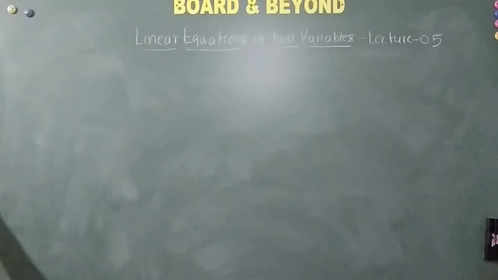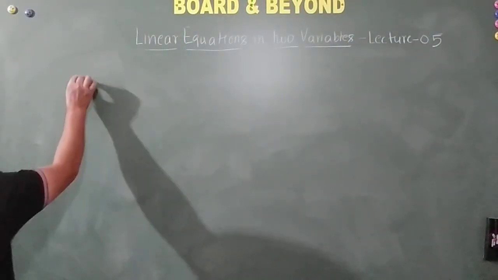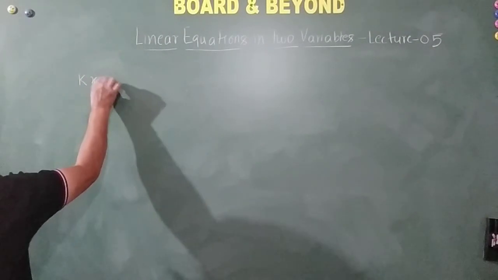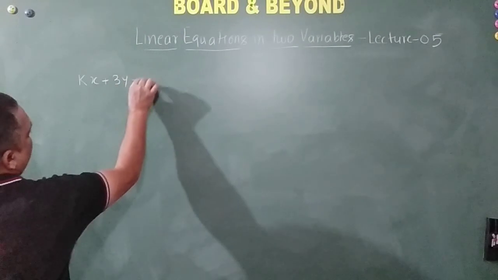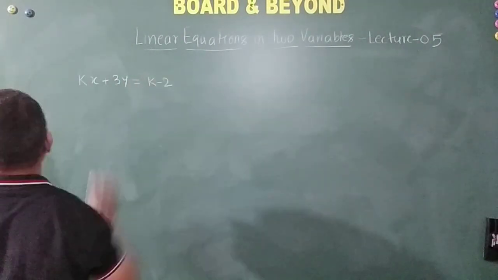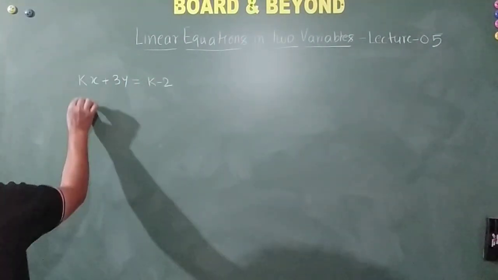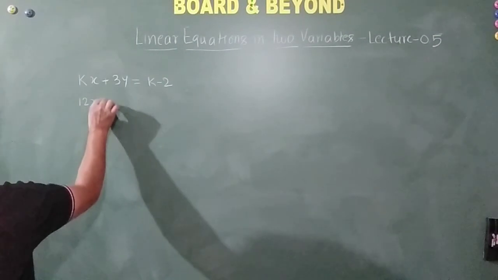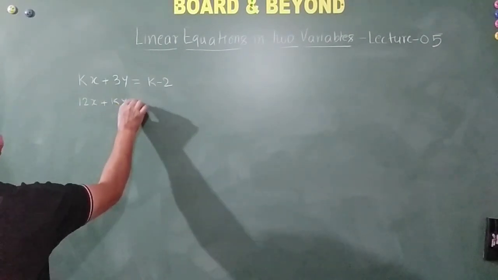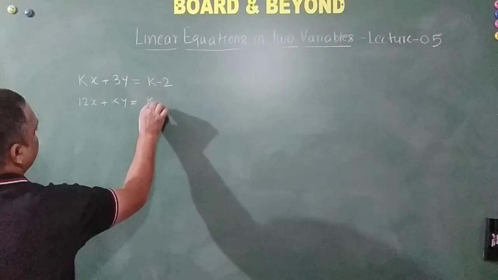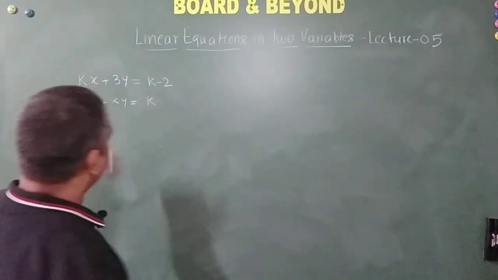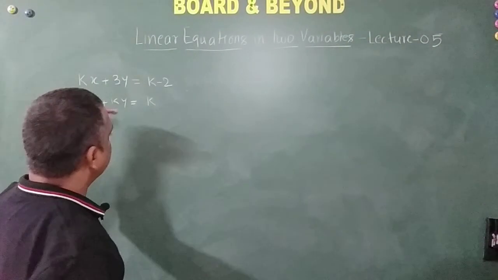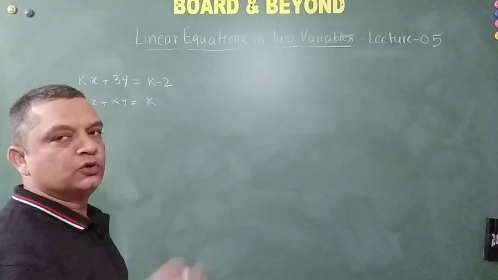Find the value of k for which the pair of linear equations kx plus 3y is equal to k minus 2, okay, and 12x plus ky is equal to k has no solution. So we have to find out the value of k for which this system of linear equations will have no solution.